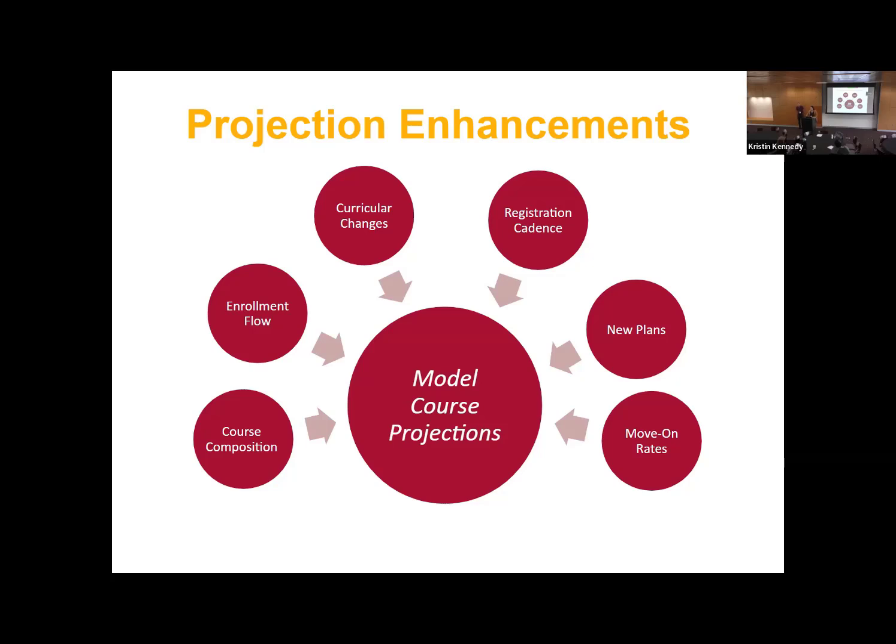These are things like knowing if there are any new plans. The model wouldn't necessarily know that there's a new major that requires a certain course, so we can fine tune that projection based on the projected number of students admitted to that plan.